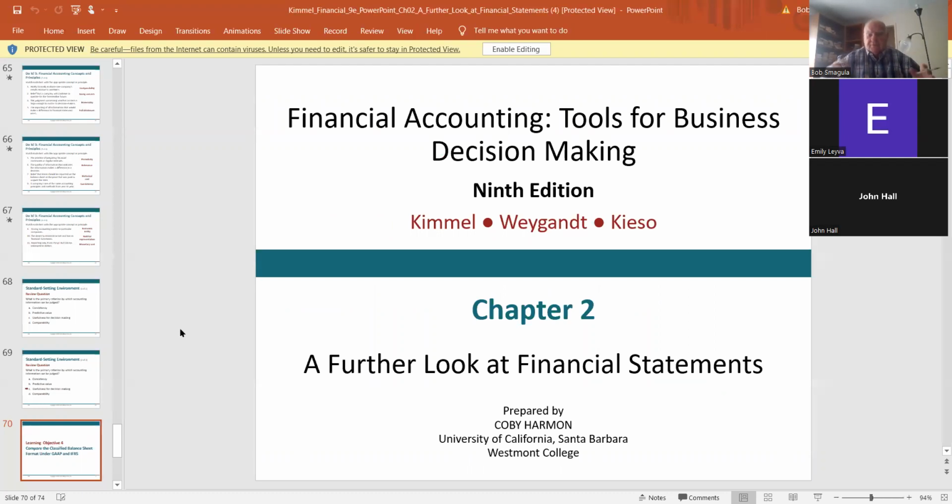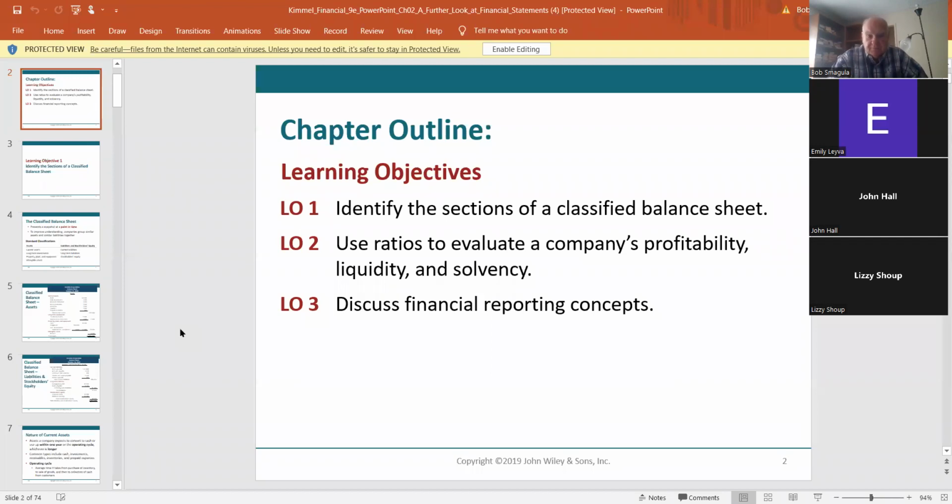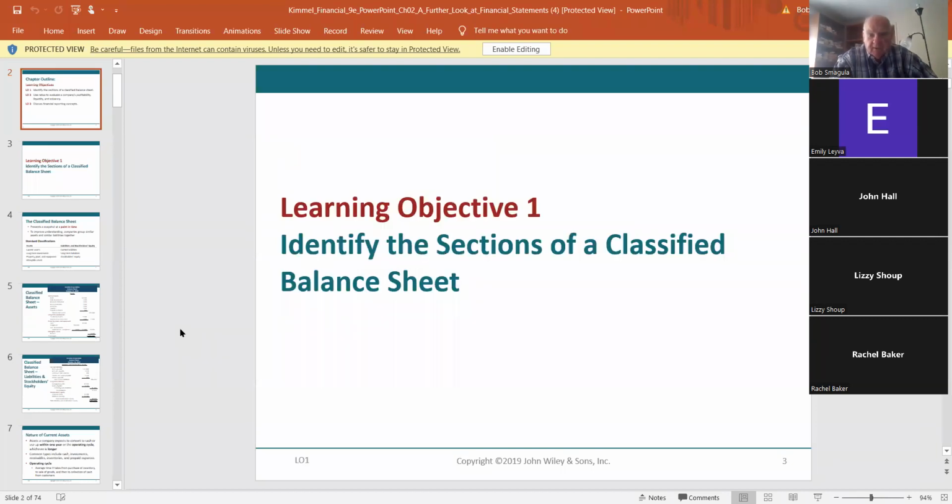Chapter 2. Now we're going to look at some financial statements in a little more detail, a couple more ratios, and we'll try to build on that. You're going to see that the balance sheet has a certain section that we haven't covered yet. And we're going to talk about some ratios on solvency, liquidity, profitability.